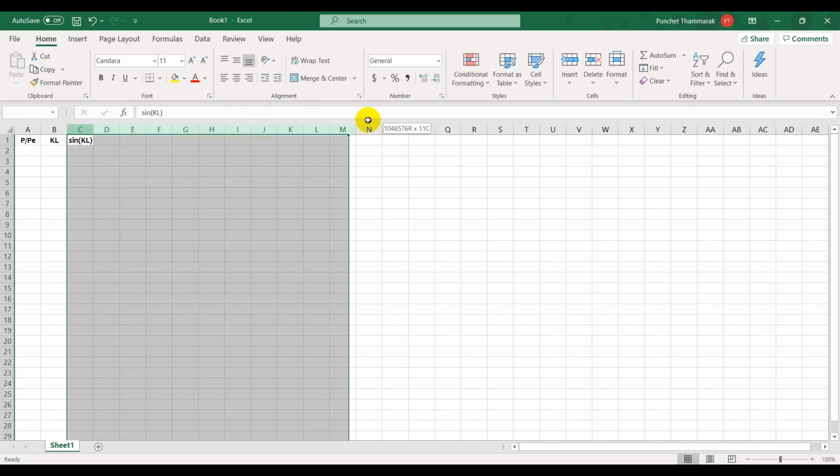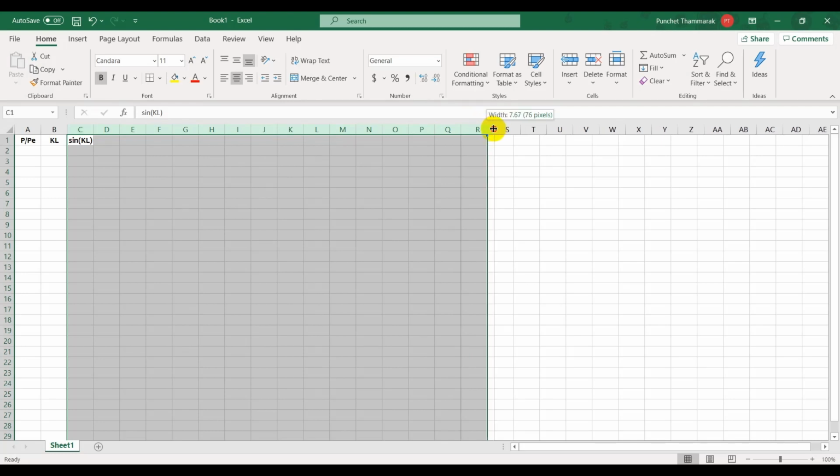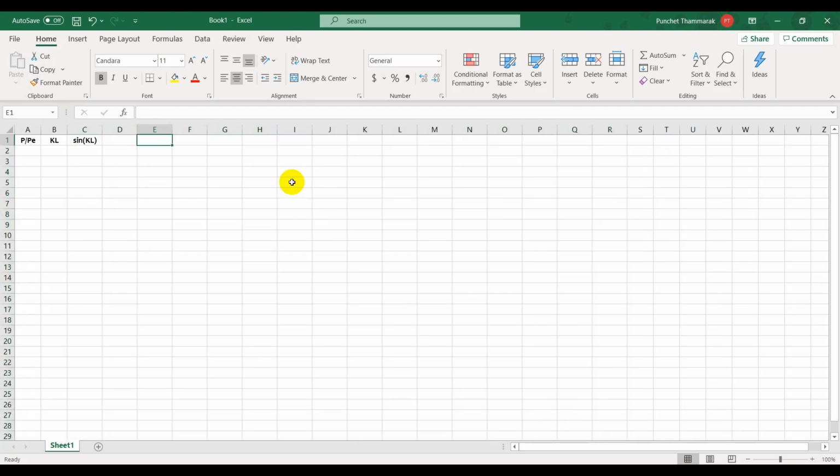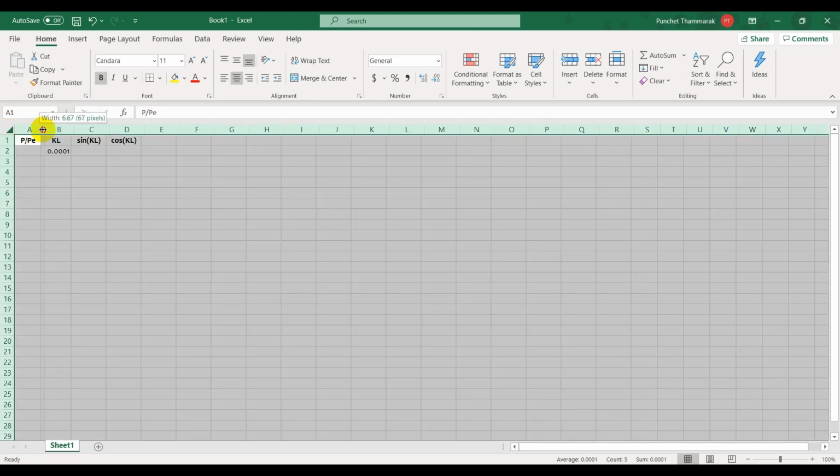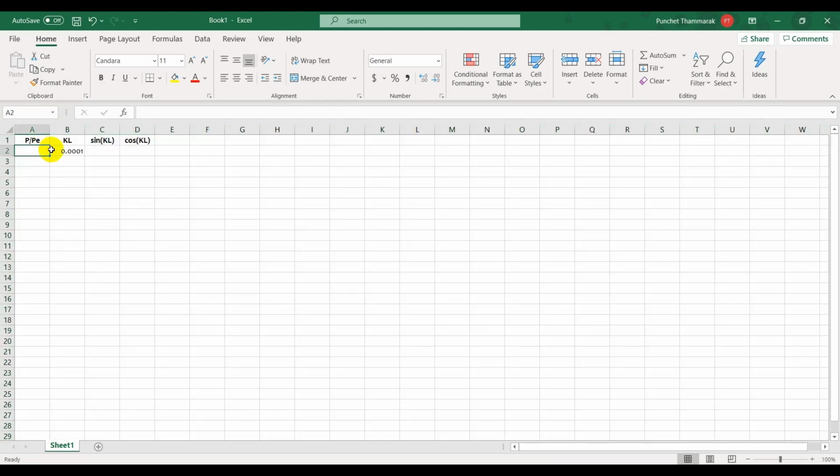That'll be calculated in sine KL, cosine KL. I just make this KL 0.0001. Okay, fine. This is fun, huh. All right, P over PE is equal to what?